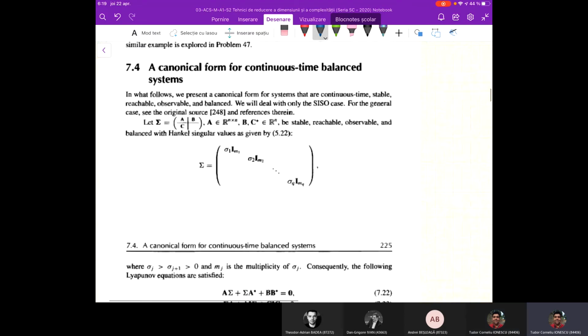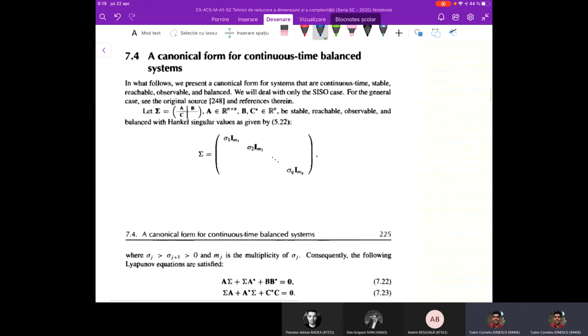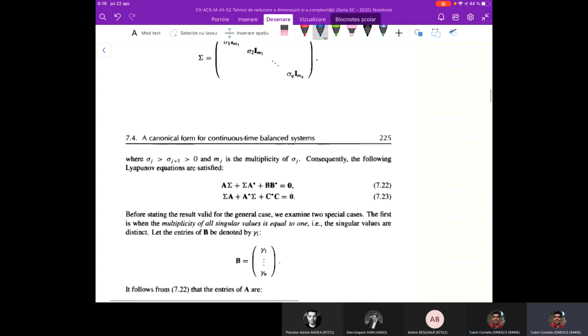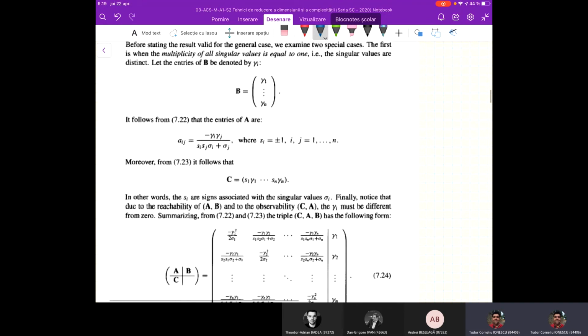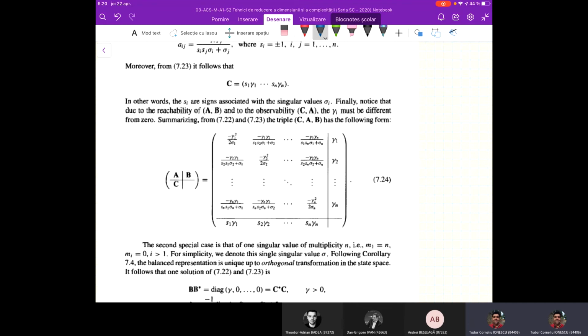You can also have a canonical form given by the balanced form. The balanced form yields a canonical form, just like the controller canonical form, the observer canonical form, the diagonal canonical form. We add to that the balanced canonical form, and it looks a bit weird.